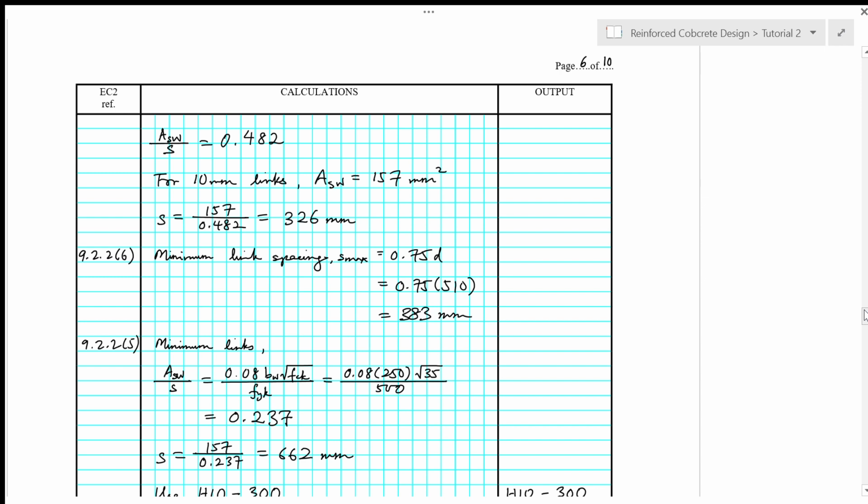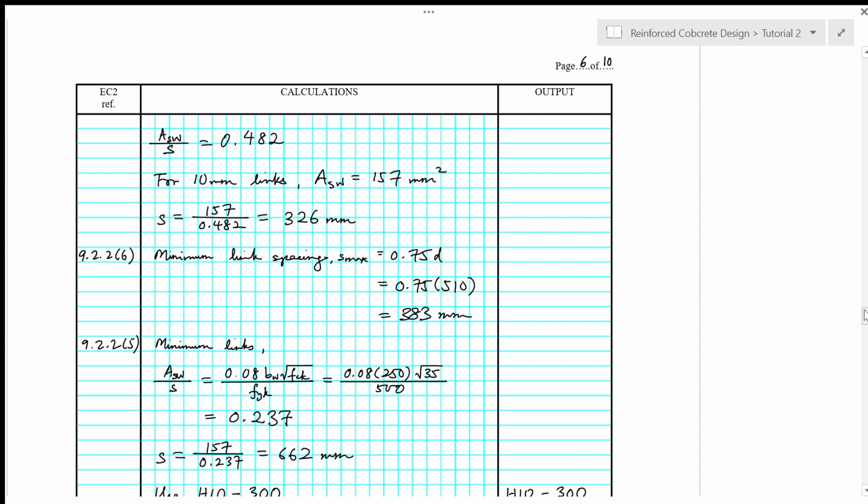And then referring to Eurocode 2 clause 9.2.2 bracket 5, the minimum links specified is Asw over s equals 0.08 bw square root of fck over fyk, and we get 0.237. Substituting Asw equals 157 square millimeters, we get spacing of 662 millimeters.